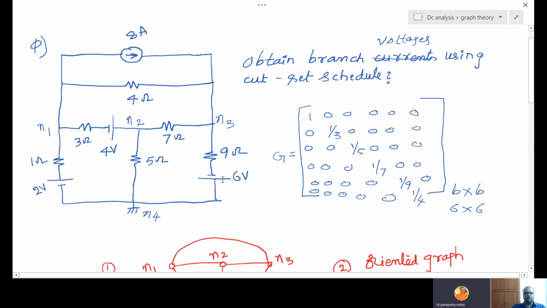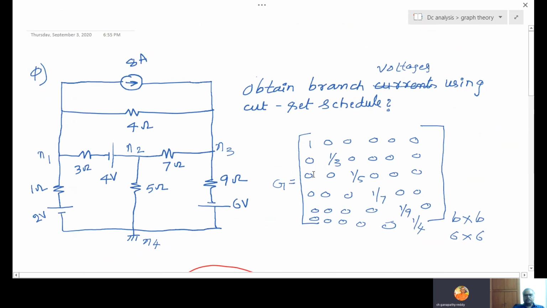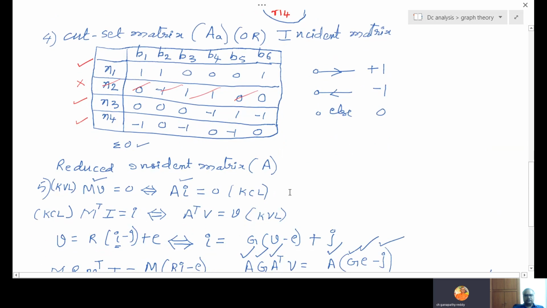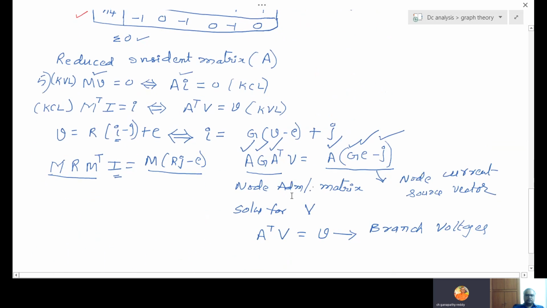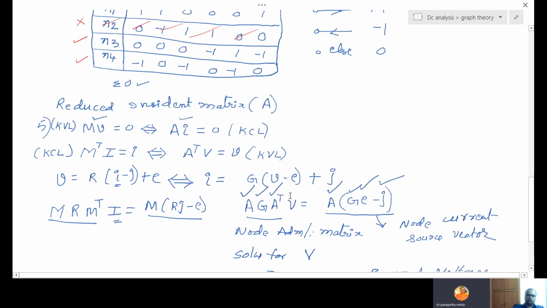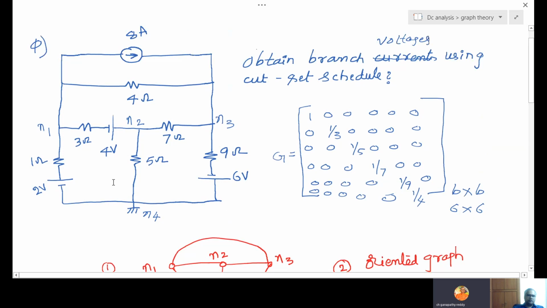Then each source will be replaced with a phasor form, inductor with inductive reactance, capacitor with capacitive reactance. Then the G matrix is changed to Y matrix, admittance matrix. R matrix changed to Z matrix, impedance matrix. Then all these values will be in phasor form. So that takes more time. That's why they don't ask with the AC sources. But in principle, procedure is same.